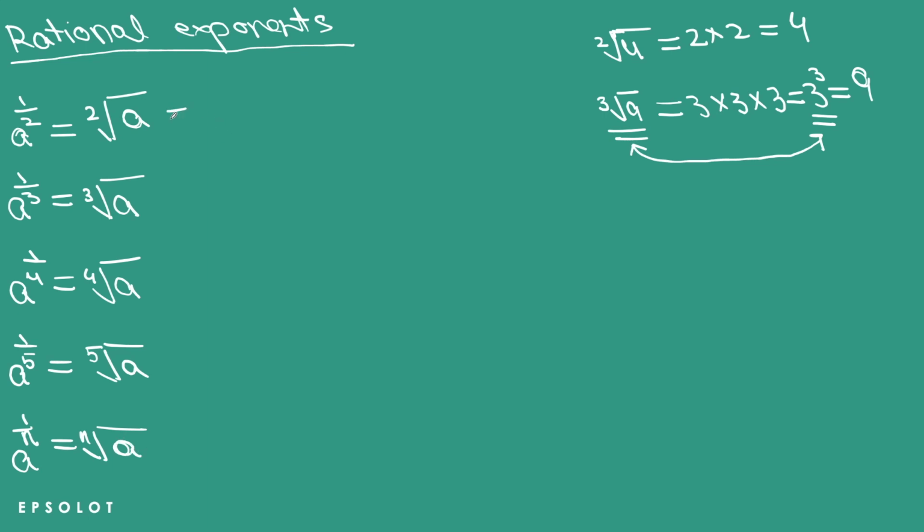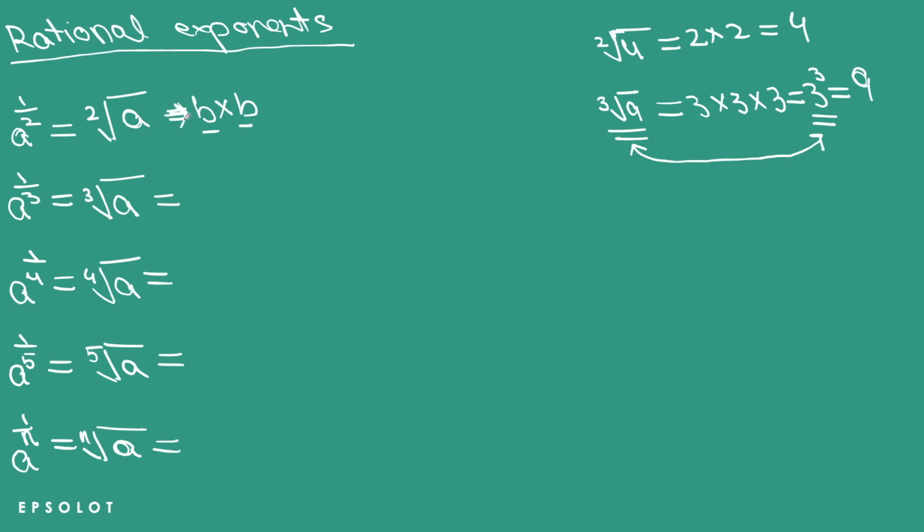Now, coming to the next step, what exactly do these roots mean? Keeping these examples in mind, we need a number that, when multiplied by itself twice, gives you this number. So I need a number that, when multiplied with itself, gives me a.